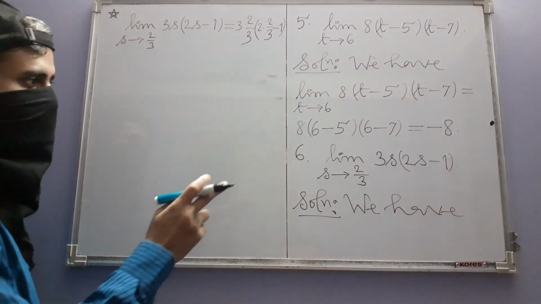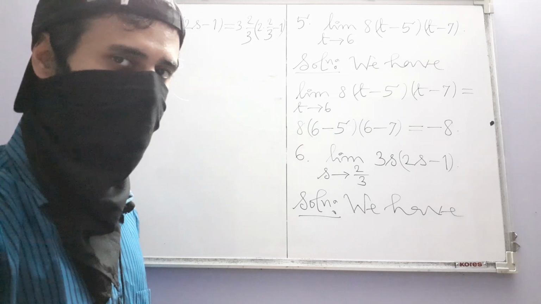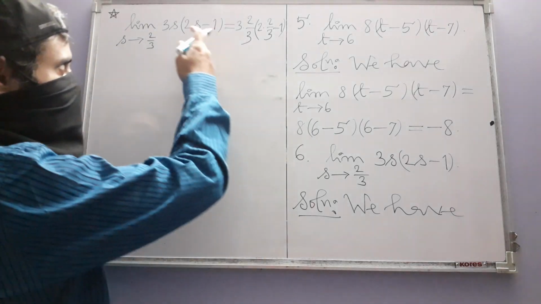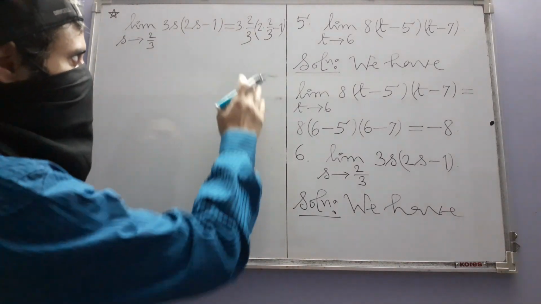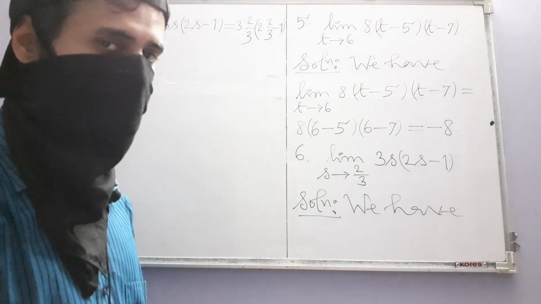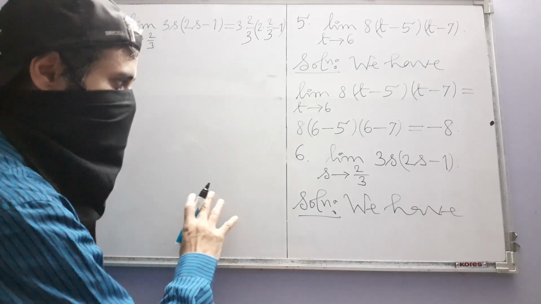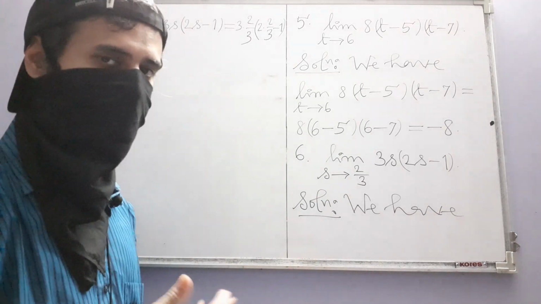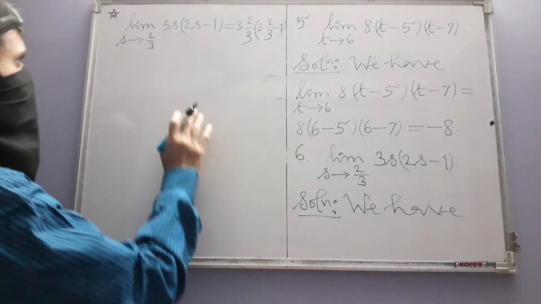Then you can substitute s equal to 2 over 3. We have just simply done that, but truly speaking, we have skipped one step. So if you find it a little uncomfortable, you can add that step.